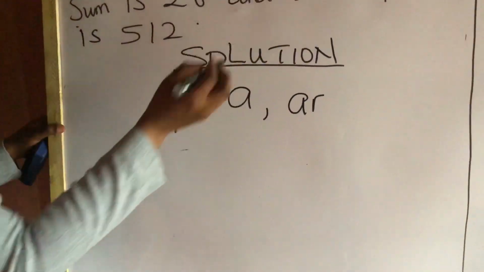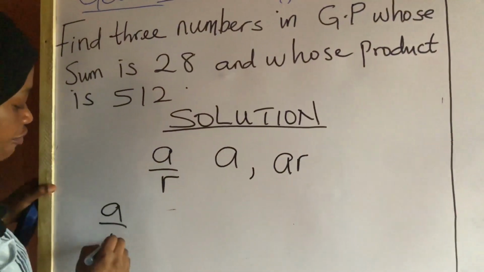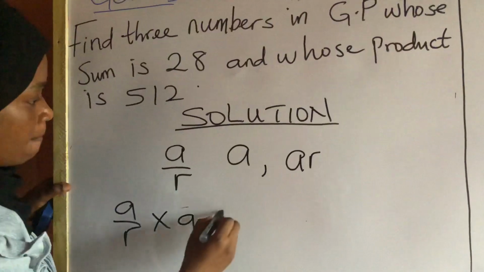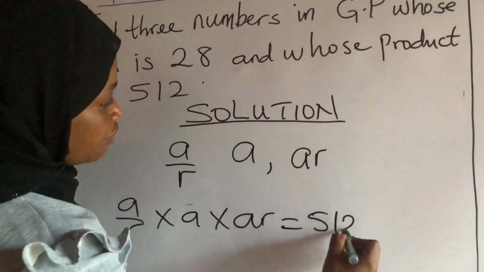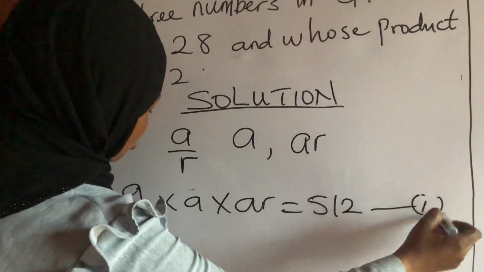So for here now, let's multiply their products. It will be A over R multiplied by A multiplied by AR is equal to 512. We'll call that equation 1.